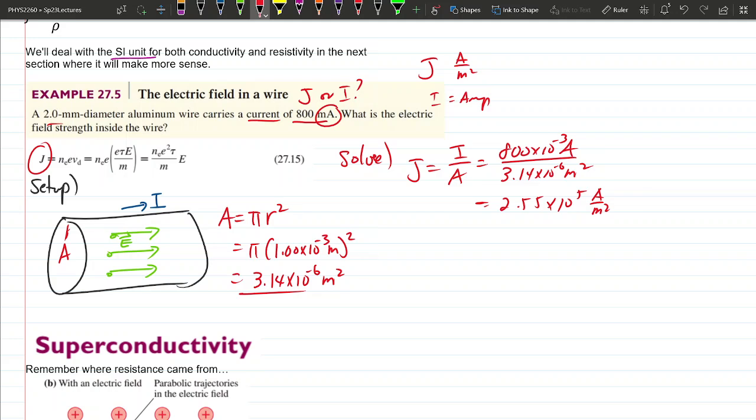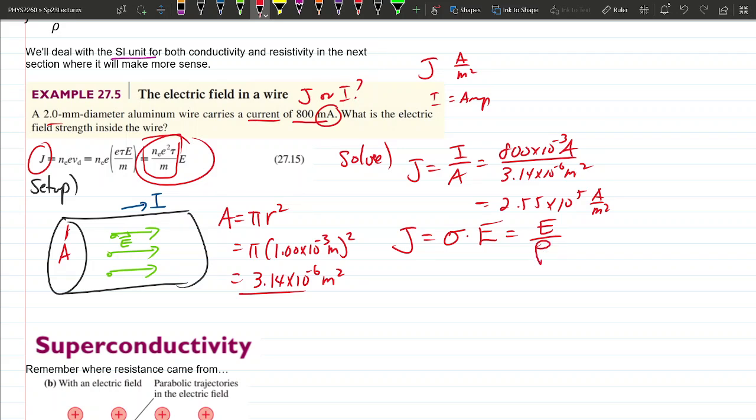The goal is to get to the electric field. So instead of plugging in all these crazy factors here, what I can do is just look up the conductivity of aluminum or the resistivity of aluminum and apply that equation.